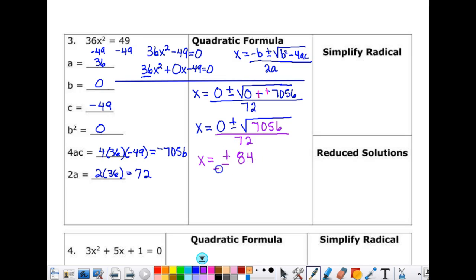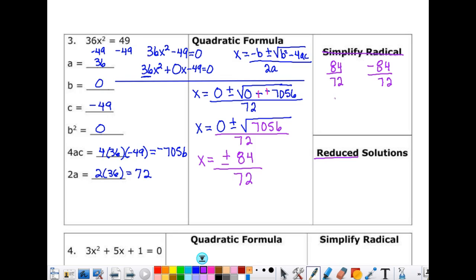It's 84. Okay, so we're not going to really use this to simplify the radical. What we're using it for is to say a positive 84 divided by 72 and a negative 84 divided by 72. And we have to reduce it. See, this asks for reduced solutions.